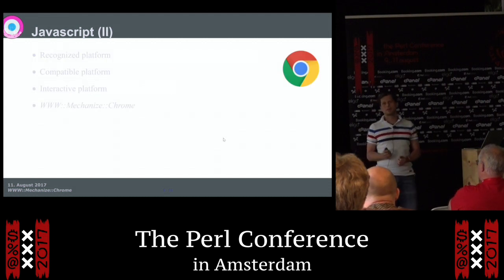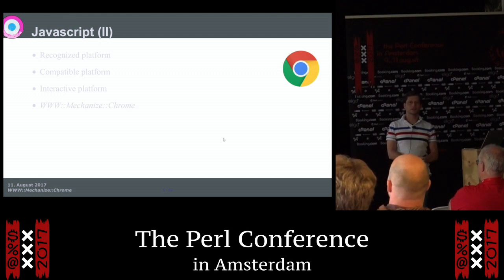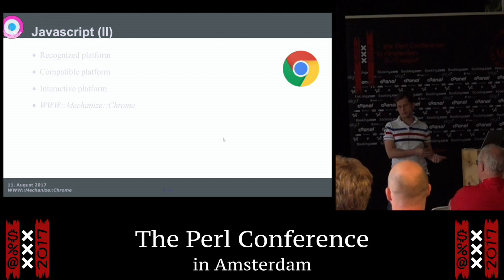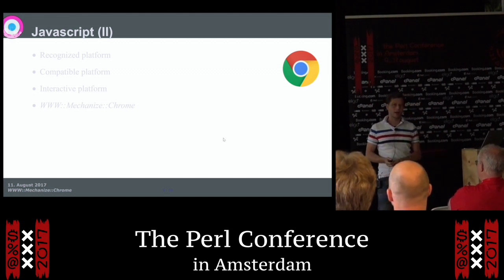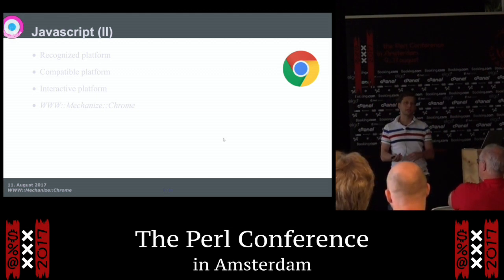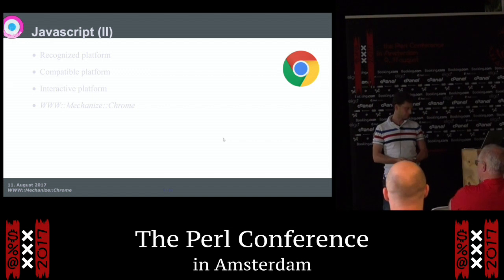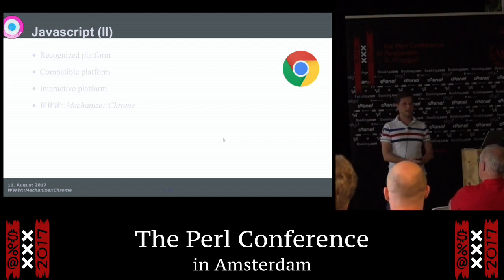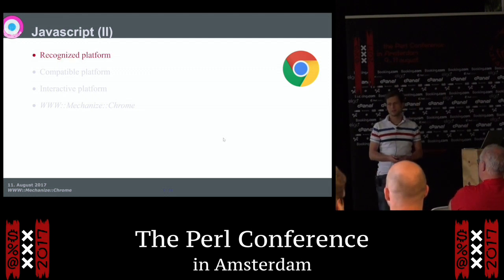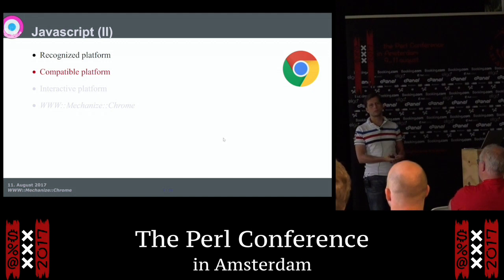But none of these things can actually do the things that a browser does, like fetch all the images, send the correct headers, upgrade or downgrade from HTTPS, or verify certificates, or all that stuff that I don't want to deal with, really. So I always think I want to use a recognized platform, something where people know what to do when I give them a bug report.